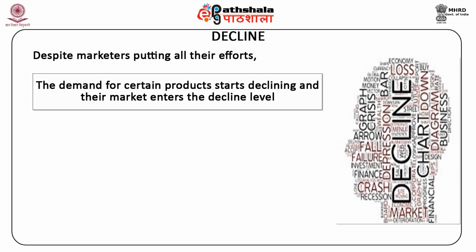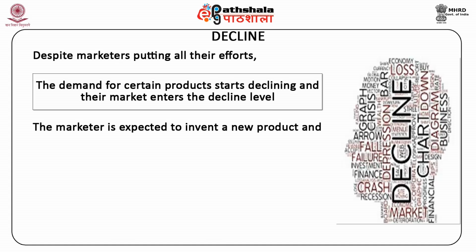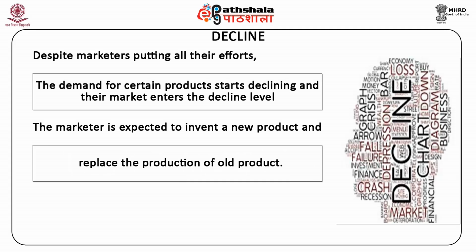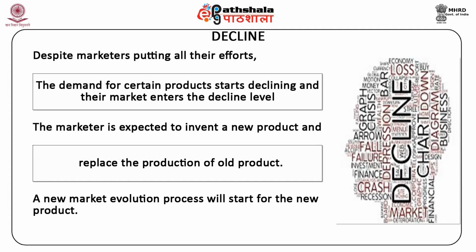There can be various reasons responsible for this, such as decline in the overall need for that product, changing consumer wants and expectations, and new technological developments. This is the stage where the marketer is expected to invent a new product and replace the production of the old product. With this, a new market evolution process will start for the new product.